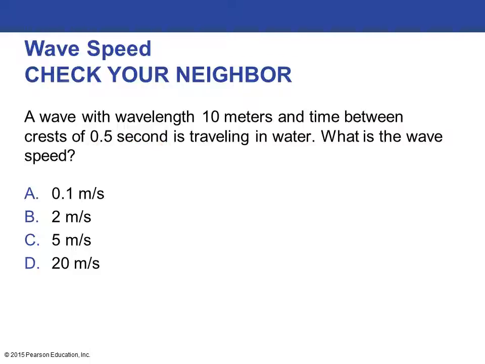The time between crests, the time that it takes to get through that whole wavelength, is the period, but we need frequency. So the first thing you're going to need to do to solve this problem is solve for frequency, which is 1 over the period. And then once you get frequency, you'll multiply the frequency times this wavelength of 10 meters.